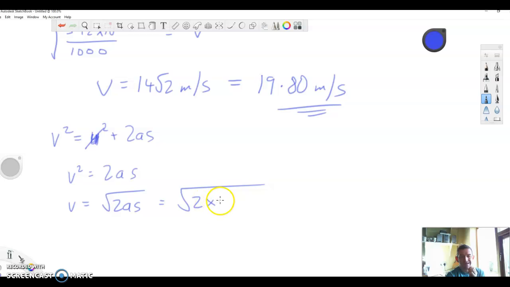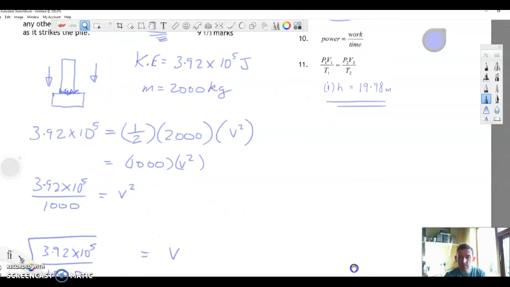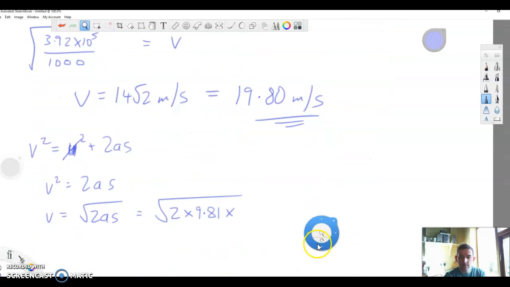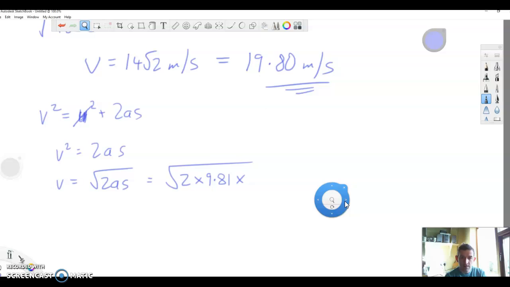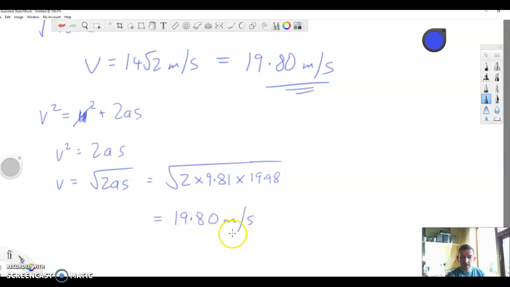That'll be 2 by 9.81, because that's the acceleration due to gravity, times the height that we got earlier, 19.98. Put all of this into the calculator and you will also come out with 19.80 meters per second.